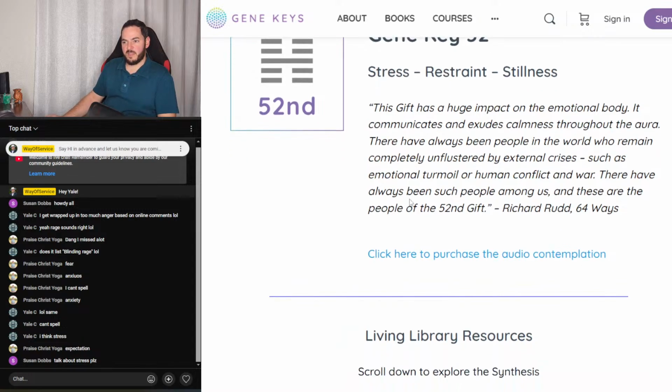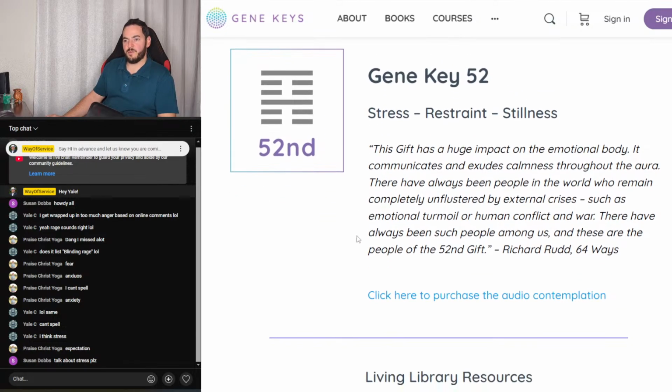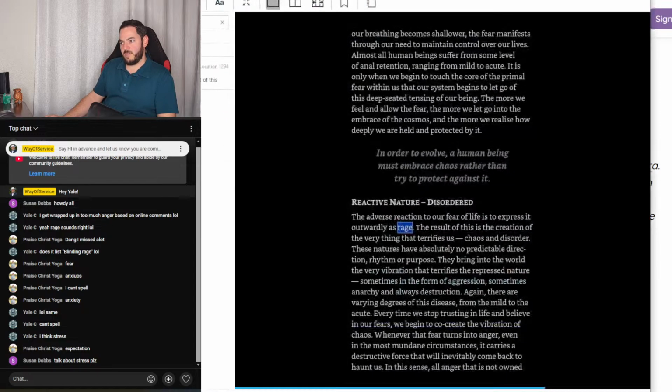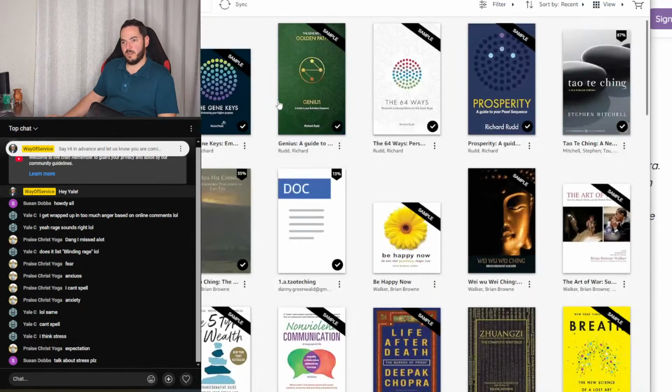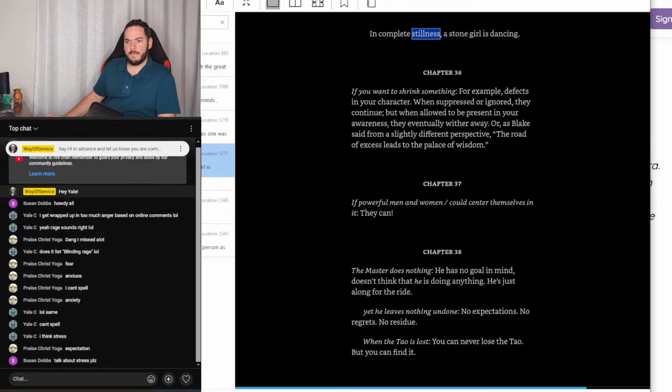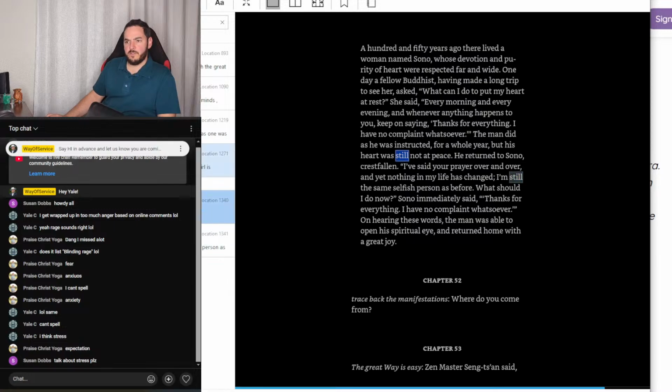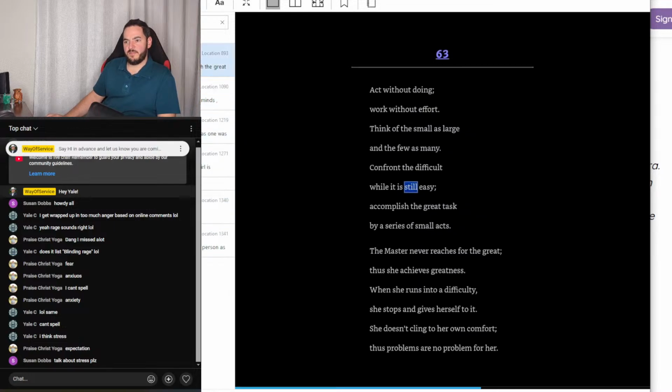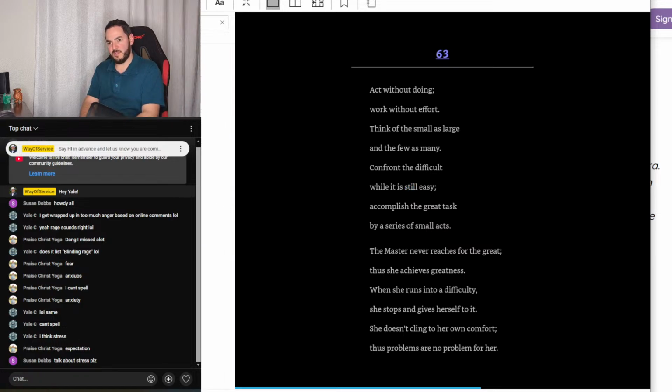So he's basically saying that we can take a model from the people who are unperturbed, right? To me, I always go back to Lao Tzu's words. So let's see. I know that there are definitely several passages in here where he talks about being still in great times of trouble. I think we've read this quote many times.